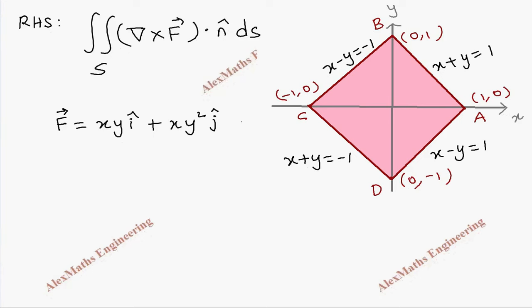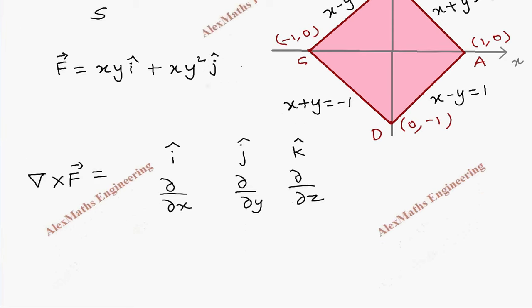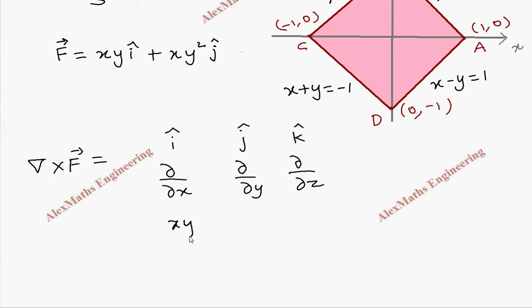So first let's calculate what is ∇ × F. For that we have to use a determinant. First row is i, j, k, then the del component ∂/∂x, ∂/∂y, ∂/∂z, and the F component which is xy, then xy² and 0.